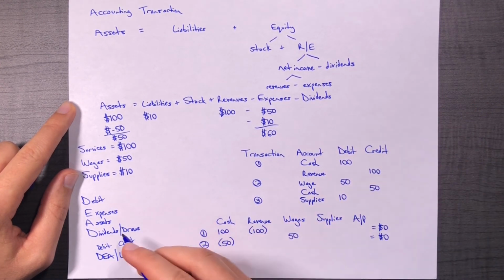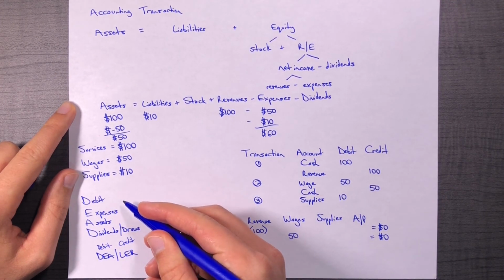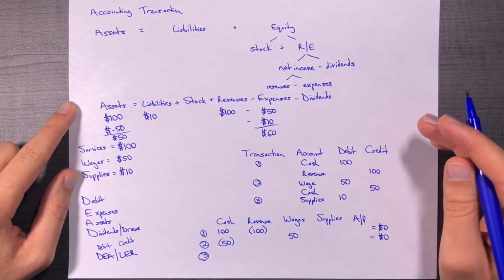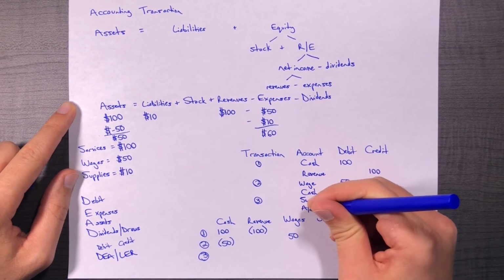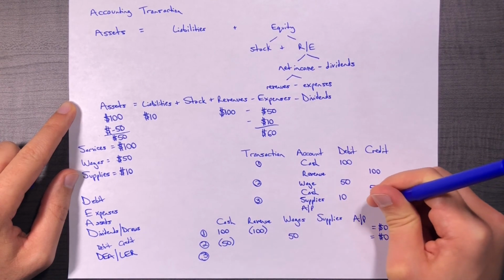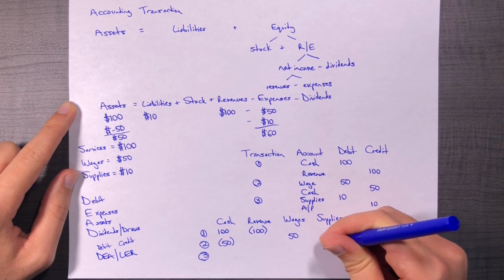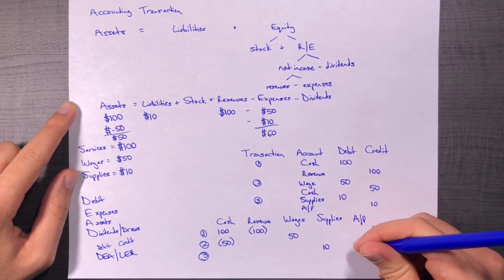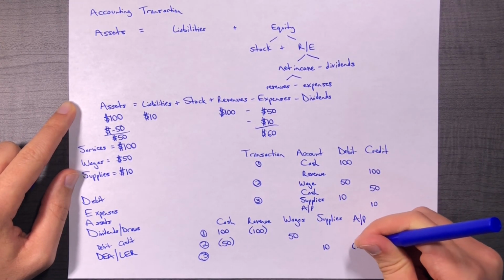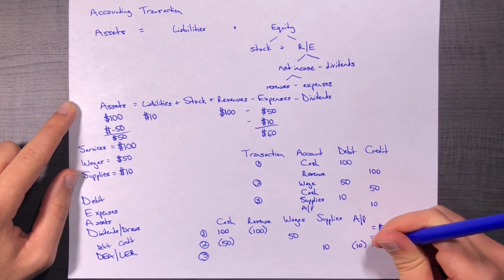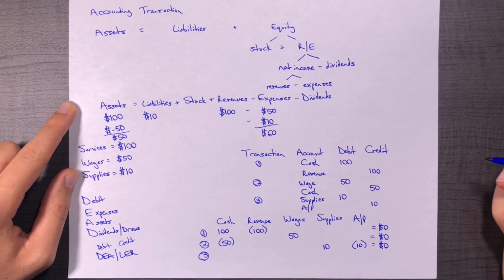But let's take a look at DED, and we can see liabilities are not in here. So we can be certain that we must credit our liability account, accounts payable, in order to increase it. So down below, again, supplies, I have a debit of 10, and I credited accounts payable $10 above to increase the liability account, and of course, it equals 0.